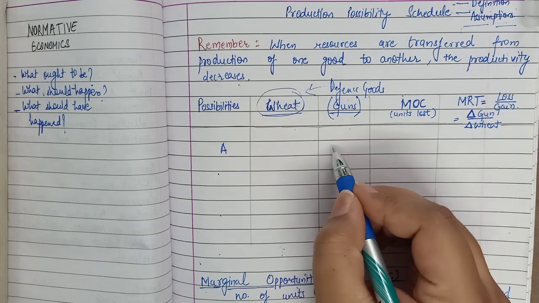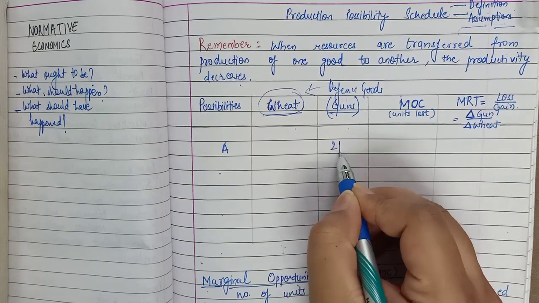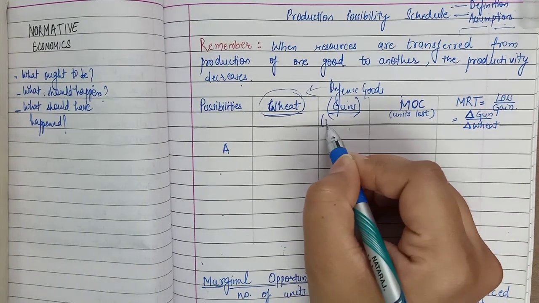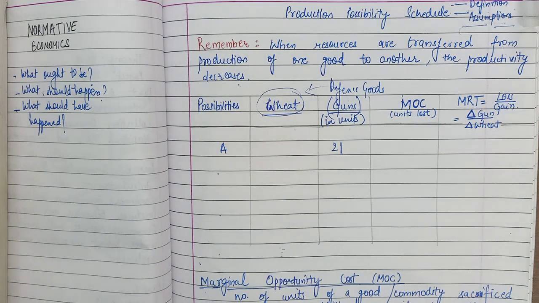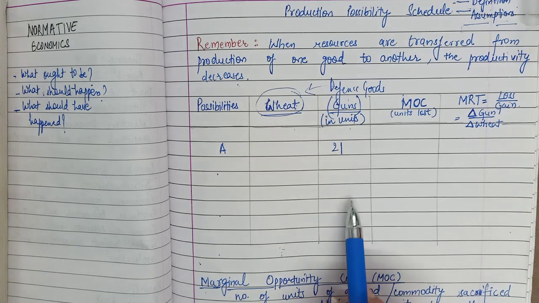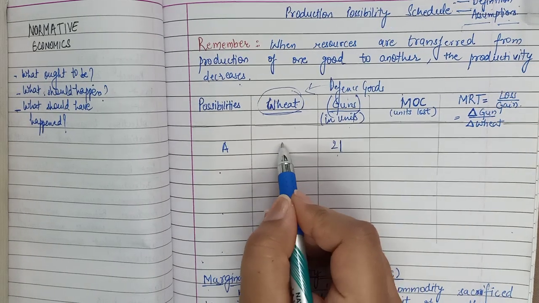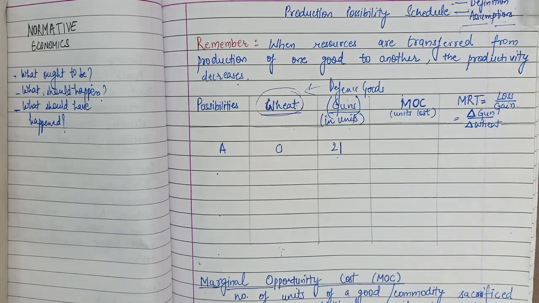So we are assuming that we are able to produce 21 units of defense goods. The numbers are in units, and the units can be anything. So possibility A, when every resource is engaged in the production of defense goods, we are able to produce 21 units of defense goods and no unit of wheat, because no resources are producing wheat.